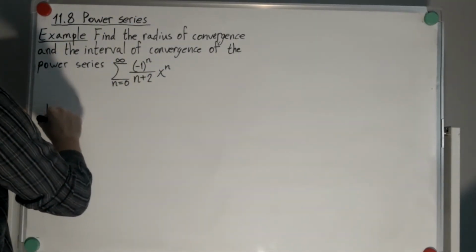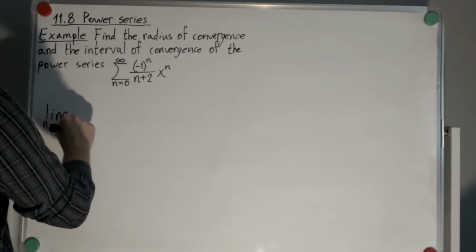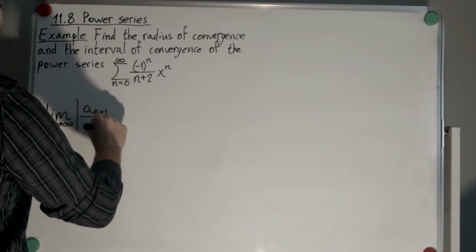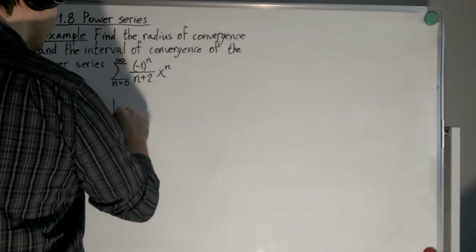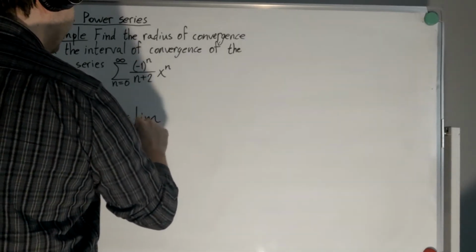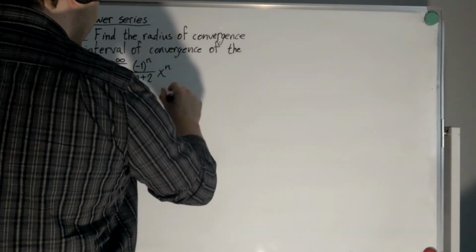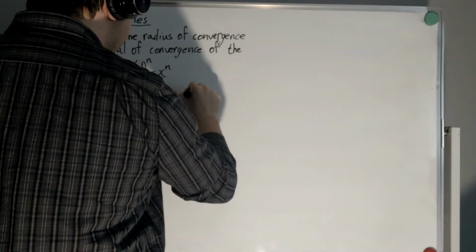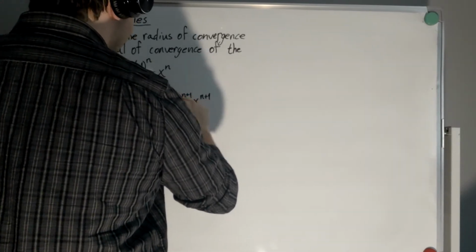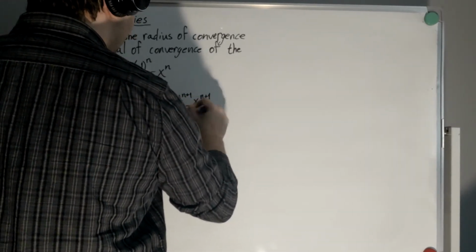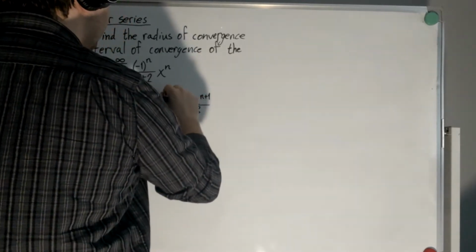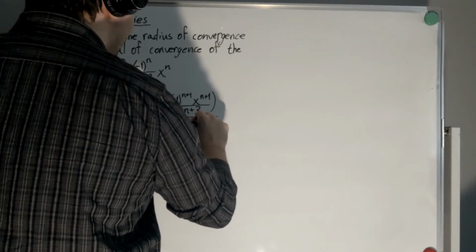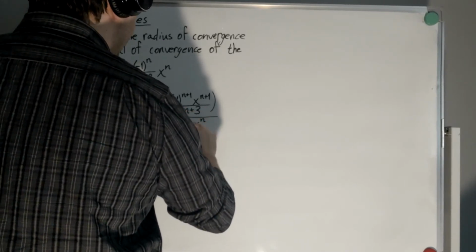We want the limit as n approaches infinity of the absolute value of a_(n+1) divided by a_n. Well, this is the limit as n approaches infinity of the absolute value of -1 to the n plus 1 times x to the n plus 1 divided by n plus 1 plus 2, which would make n plus 3, all of this divided by -1 to the n, x to the n, divided by n plus 2.